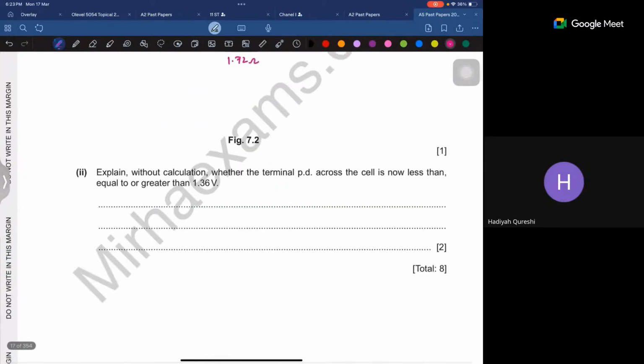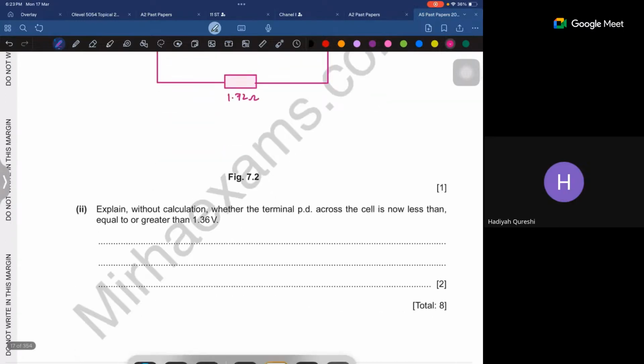Then it asks, without any calculation, whether the terminal potential difference across the cell is now less, equal, or greater. I think I know the answer to this. Basically, you need to understand that the load resistance outside decreases when added in parallel, right?